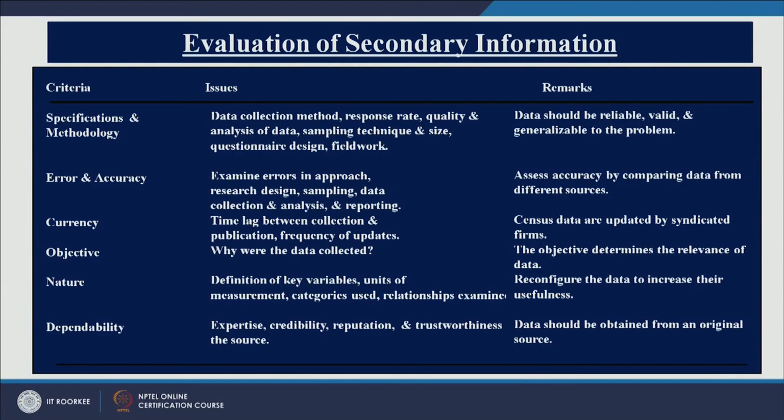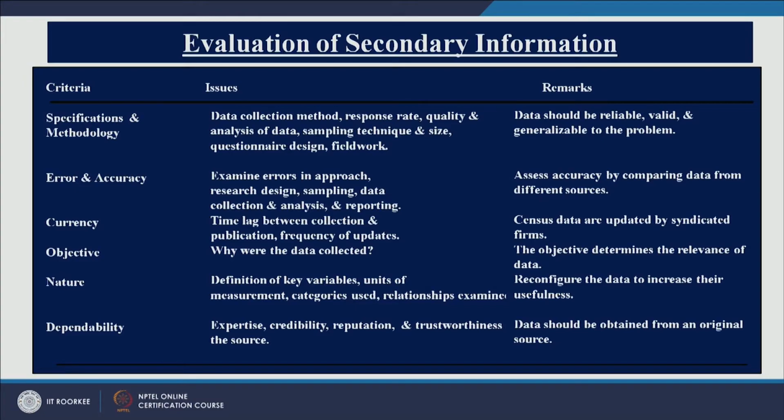Whenever you go for secondary sources, you should look at a couple of things. You should not blindly get data from secondary sources. You need to analyze those sources very carefully. So you need to evaluate secondary information carefully, and there are several evaluation criteria. First of all, you should look at who collected the data you are referring to.